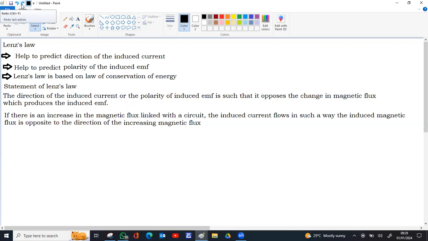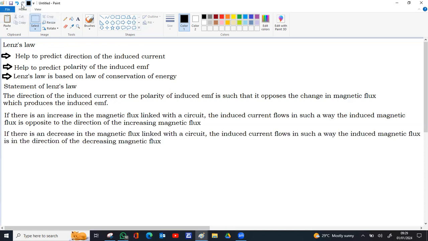Now if the magnetic flux linked with the circuit is decreasing, the induced current must flow in such a way that the induced magnetic flux is in the same direction as the decreasing magnetic flux. Here the induced magnetic flux is produced in the same direction as the existing magnetic flux.